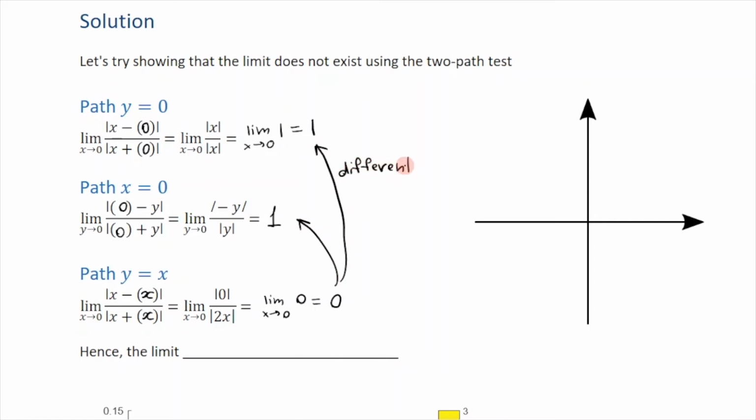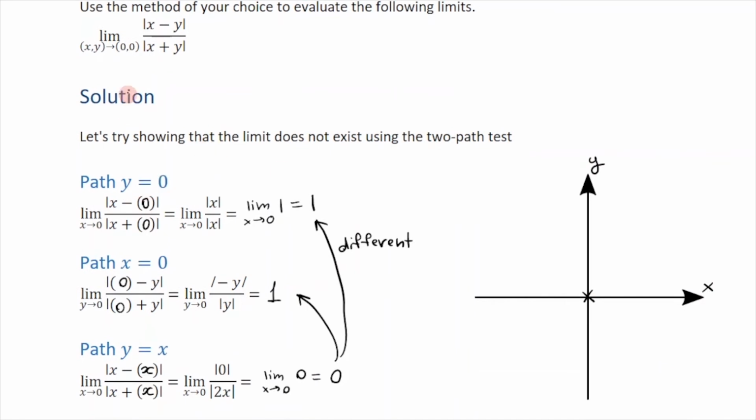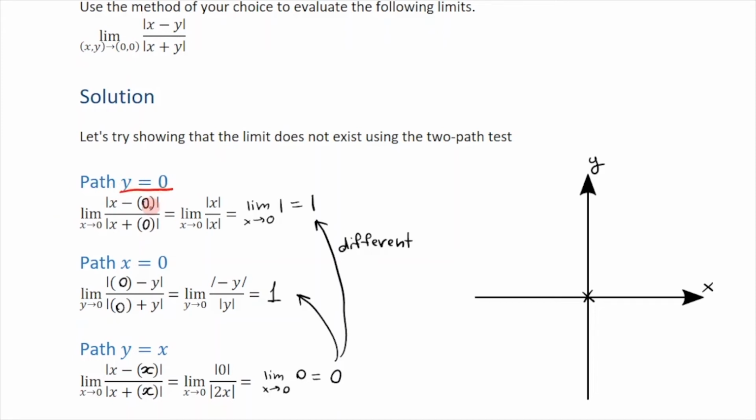Now, one note of caution: I started plugging in those paths without explaining why I'm choosing them. Well, the point of interest is 0, 0, right? So this is the point right here. This path is the path where y equals 0. You see, it does converge on this point. If my point of interest was over here, I wouldn't be able to use this path. This path doesn't converge on this point.